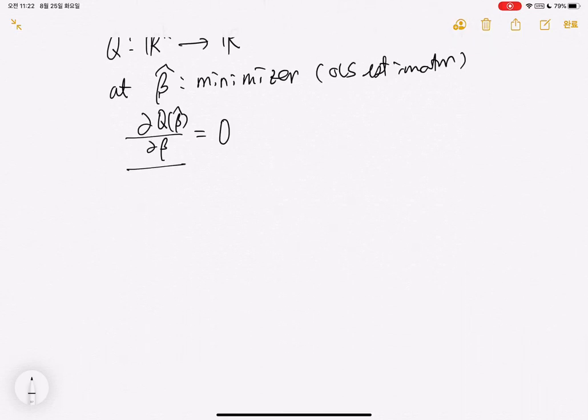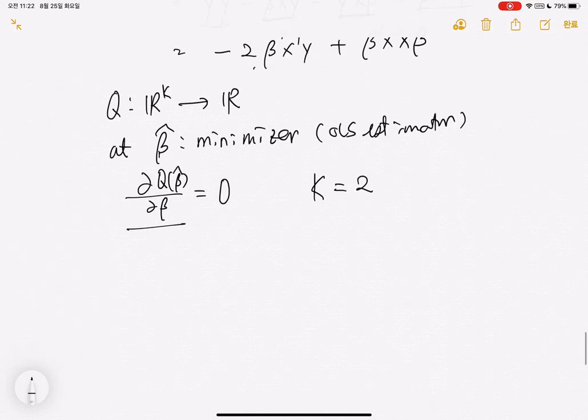To simplify, let's just use a simple case. K is 2. When K is 2, it has the following structure.